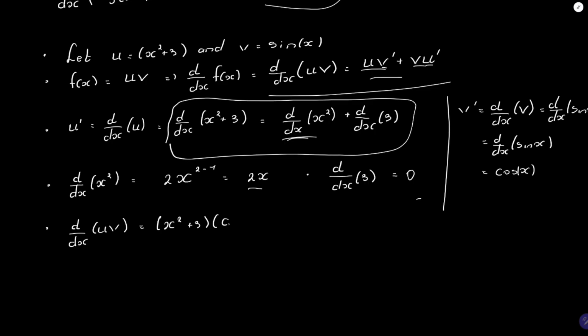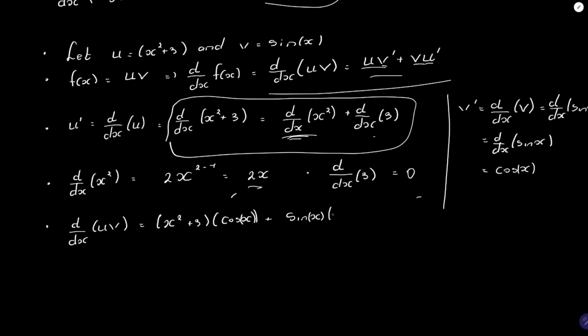What is dv? cos x, plus what is v? sine x, and what is du? du is this plus this, which is 2x plus 0. So this gives us cos x times x squared plus 3, plus 2x sine x.